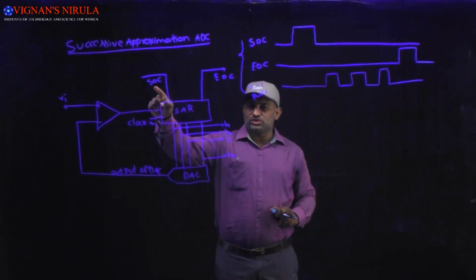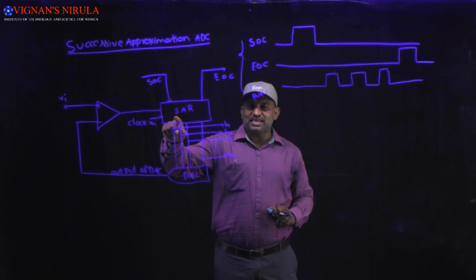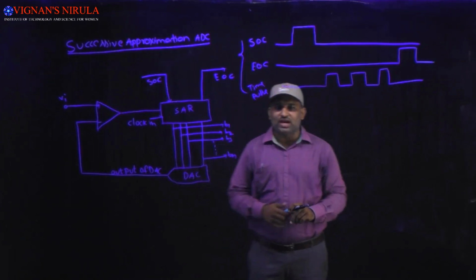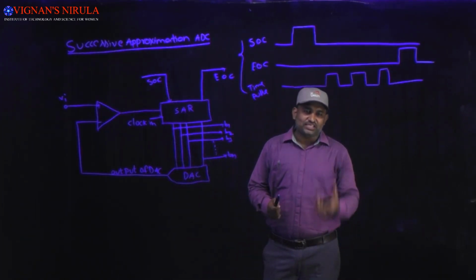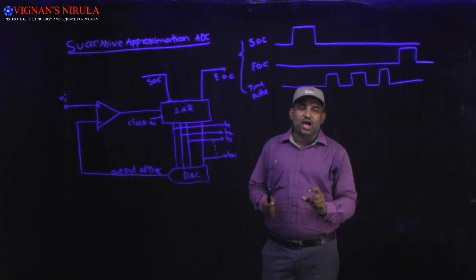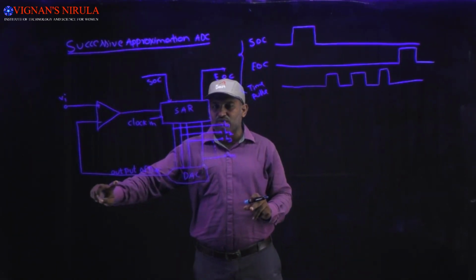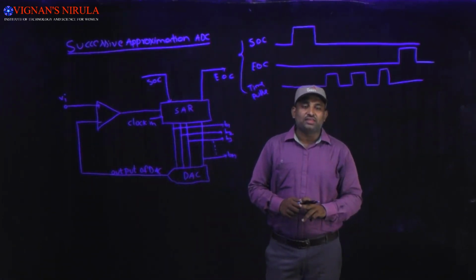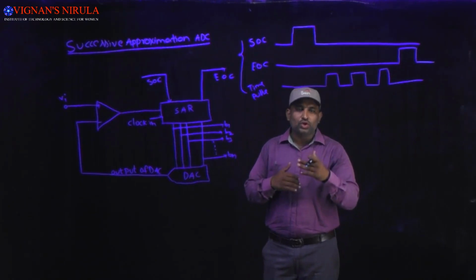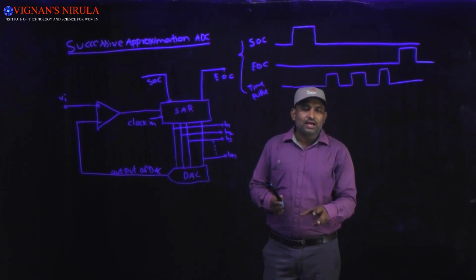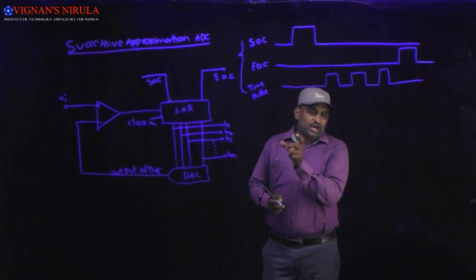After the SOC is activated, the SAR sets a 3-bit binary value as the input of the DAC. The DAC accepts that 3-bit binary value and generates an equivalent analog value, which is applied as the other input of the comparator, and the comparator compares those two inputs. This process continues for the number of bits in the conversion.